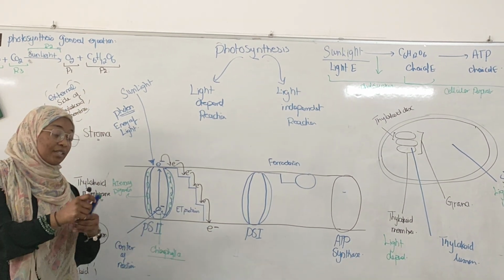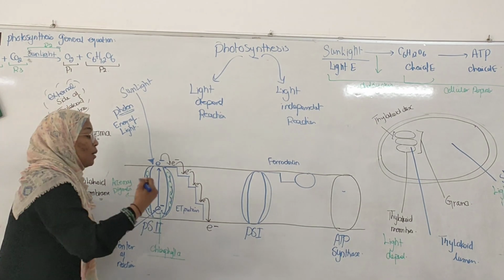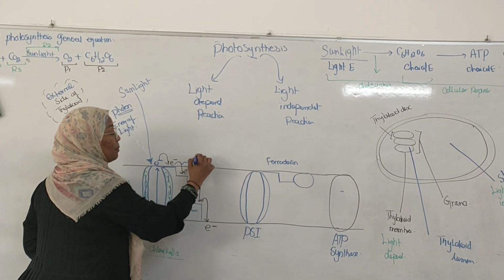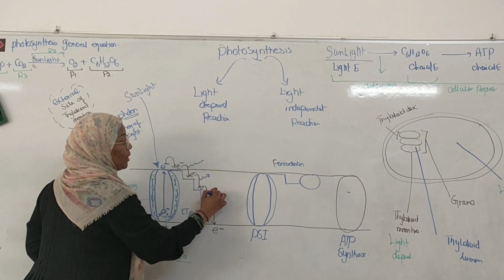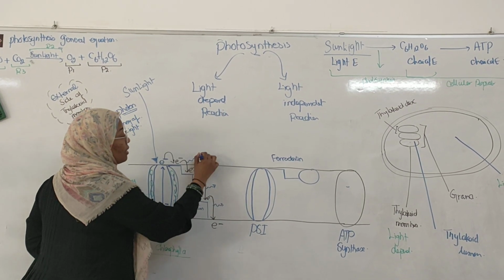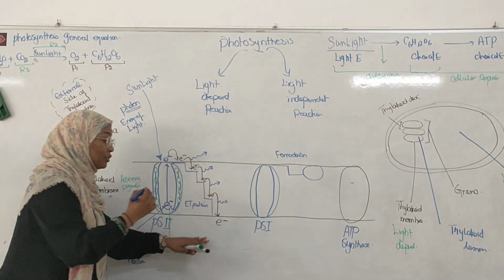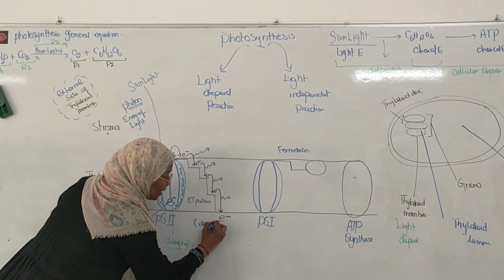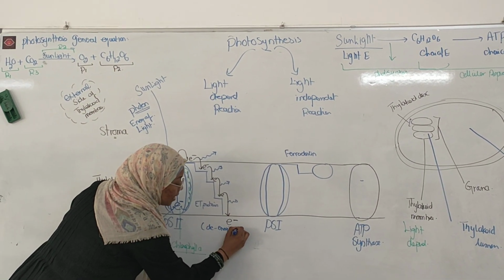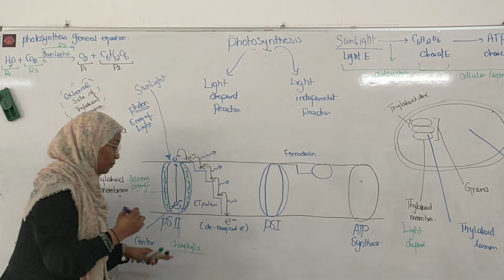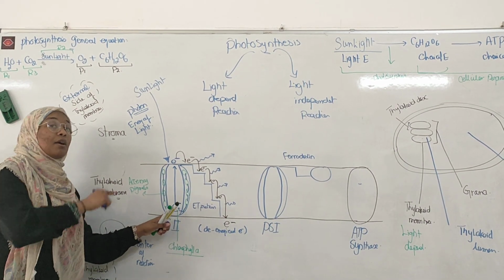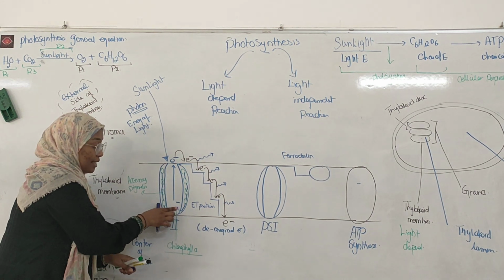But now this electron is de-energized. Why? Because at every step down, energy has been released from the electron that was initially excited by the sunlight. So this is a de-energized electron. And over here, the chlorophyll has lost its electron.